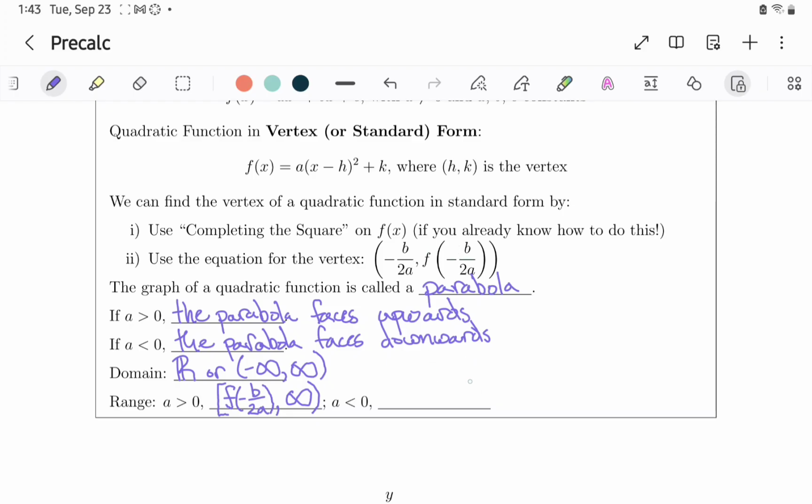So the right endpoint of our range when a is less than 0 is going to be included, and it's going to be f of minus b over 2a. And our left endpoint, well, since it's just going to be a parabola facing downwards, that's just going to extend downwards indefinitely. This means the left endpoint of our range is going to be minus infinity.